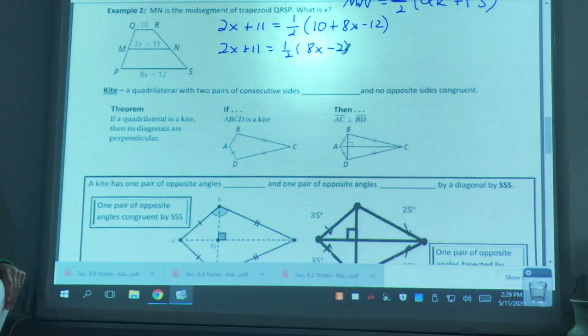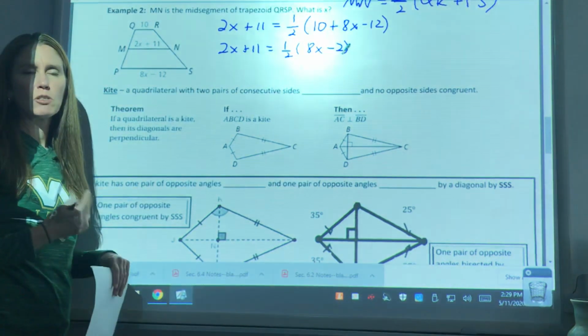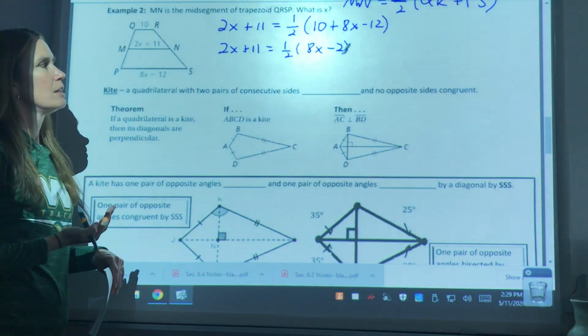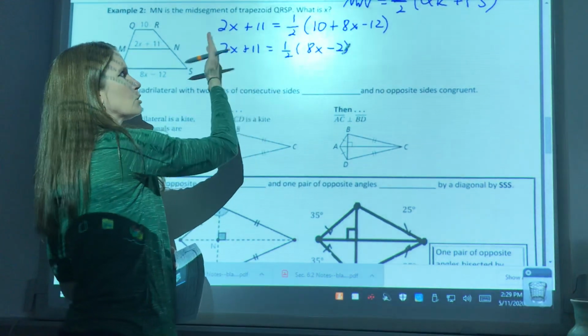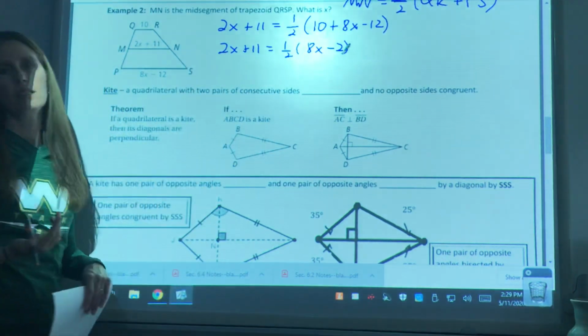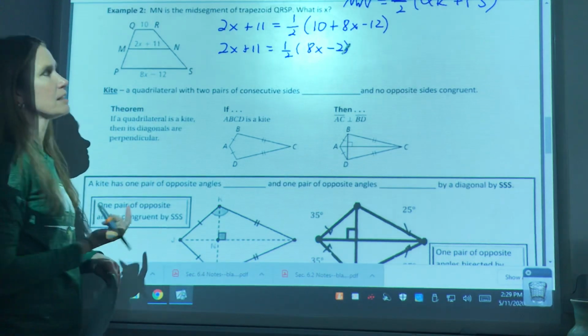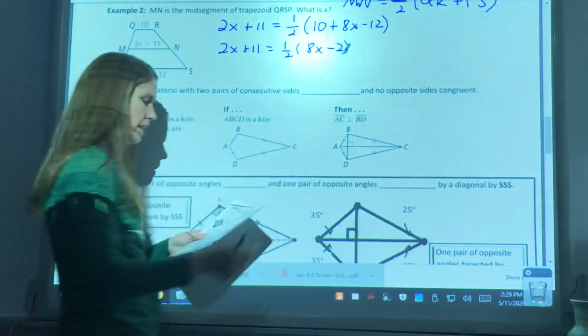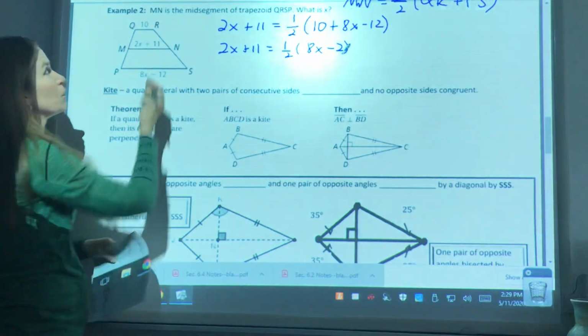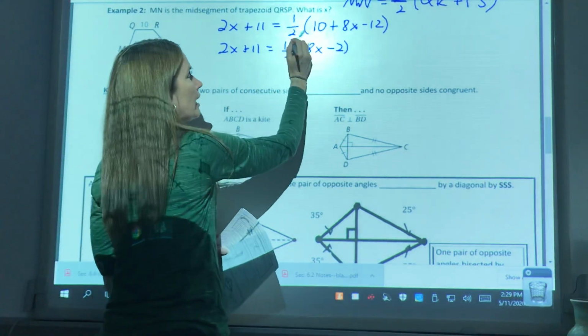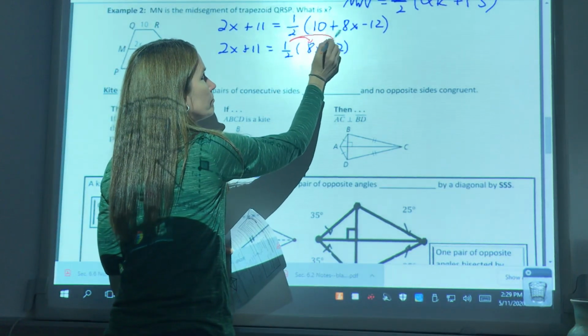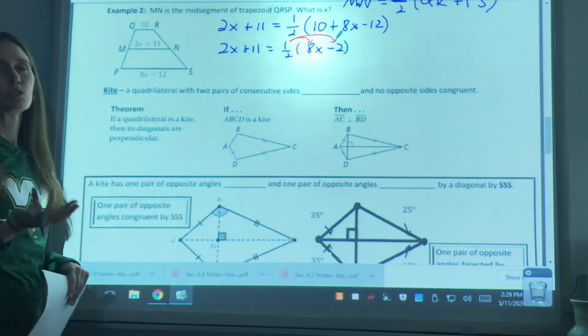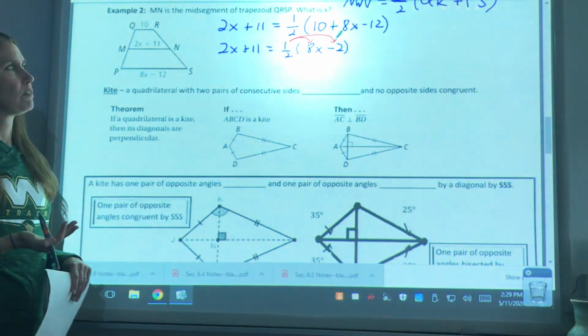From here you have a choice. Remember with algebra, a lot of times there's more than one way to solve an equation. One person might choose to multiply both sides by 2 to get rid of that fraction, and some people prefer to distribute the 1/2. I've found that most people prefer to distribute the 1/2. I probably like to multiply the 2 on both sides, but either way is going to give you the same answer.